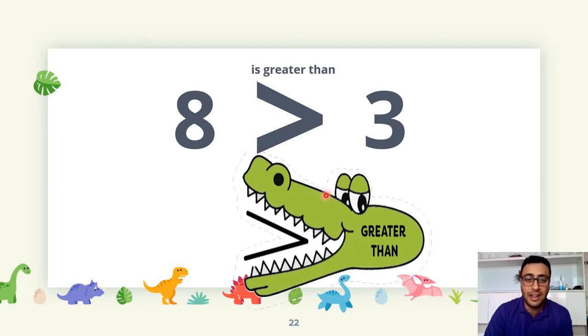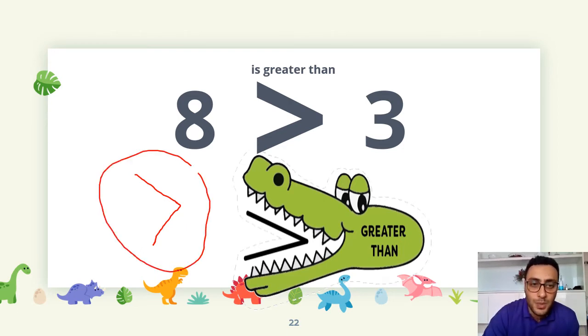You see, we have an alligator or crocodile here, right? And it's eating the big number. And it's opening the mouth like, wah! Like this. You see? And it's going to eat the 8. And it looks like this, right? So, instead of writing 8 is greater than 3, you can just write this one, okay?